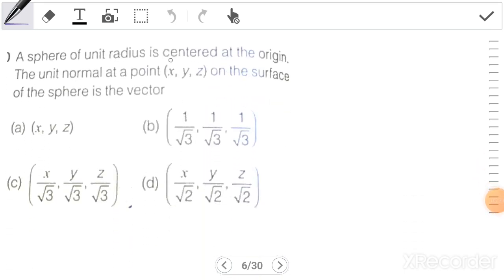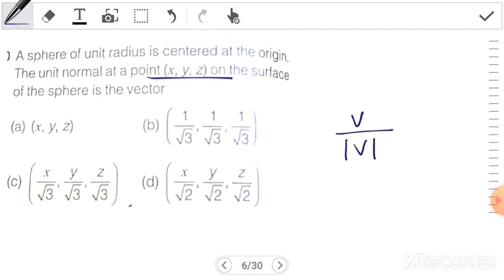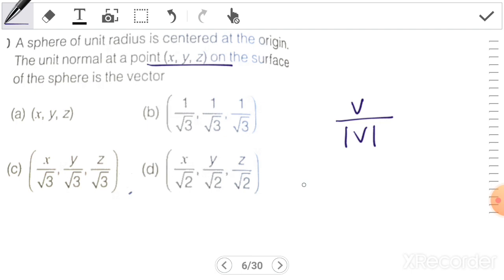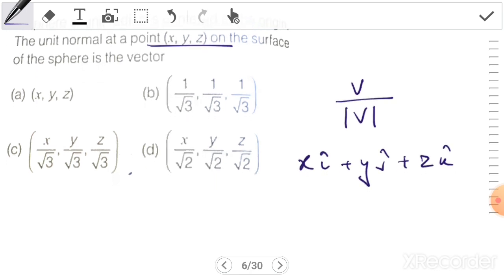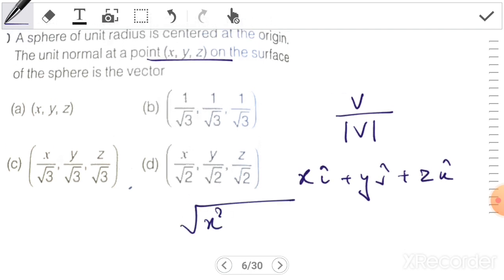A sphere of unit radius is centered at the origin. The unit normal at a point on the surface of the sphere is the vector. So the unit normal is given as vector v by the magnitude of vector v, which is xi plus yj plus zk cap over root of x square plus y square plus z square.